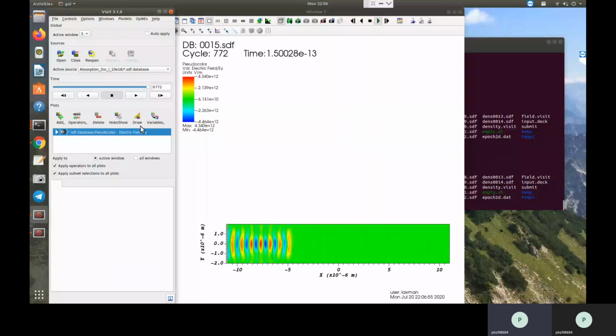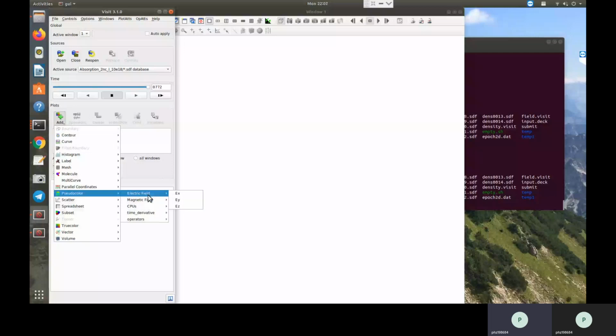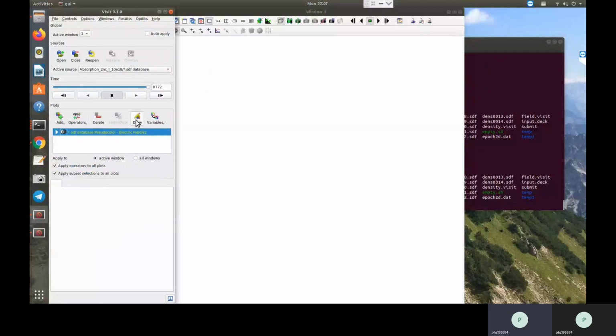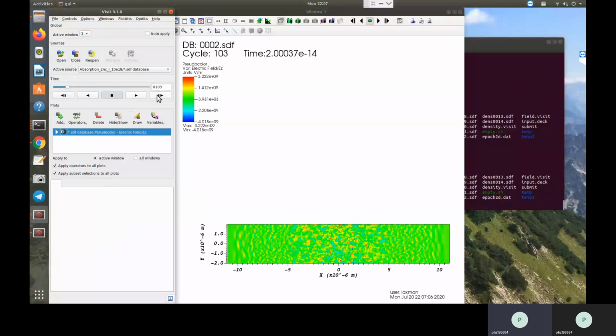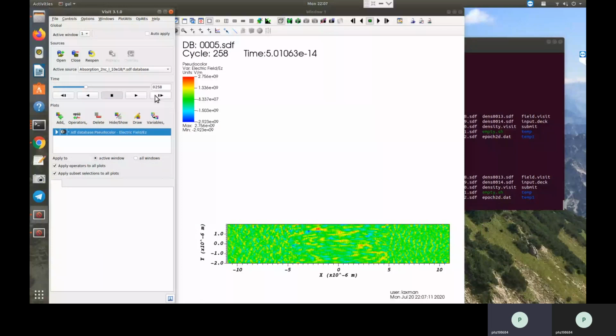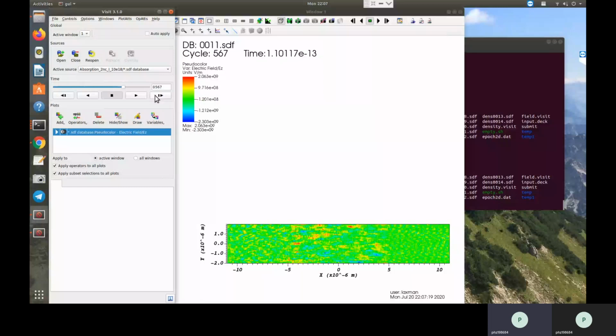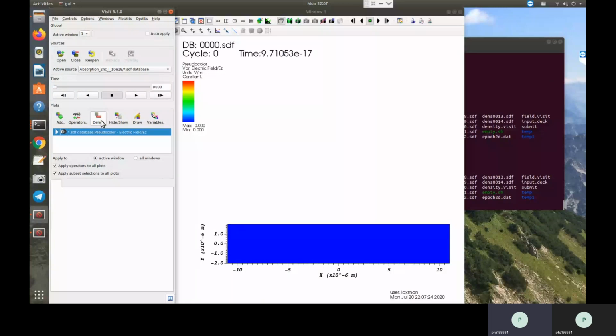Now the same electric field along the z direction. This was the electric field.